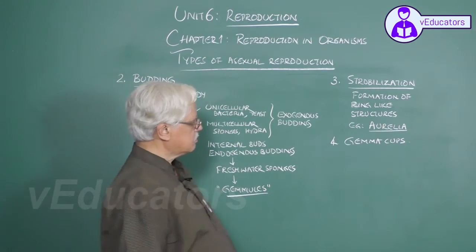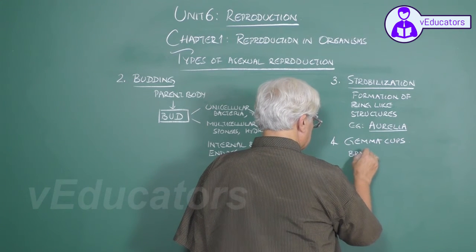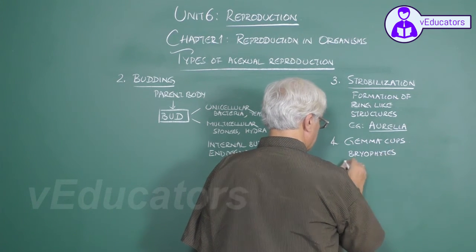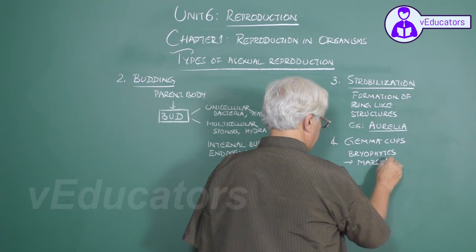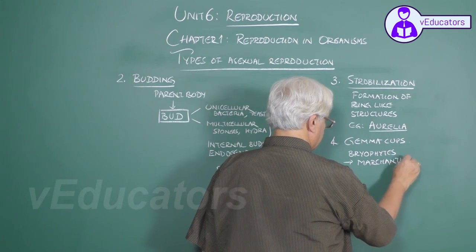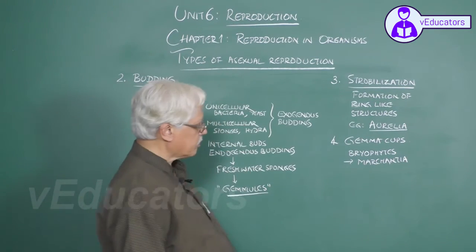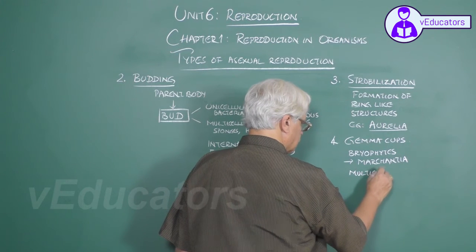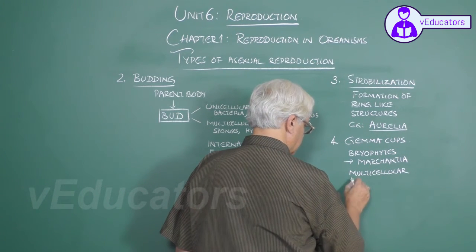Gemma cups are formed in some bryophytes. In bryophytes like Marchantia, the plant body develops multicellular buds.